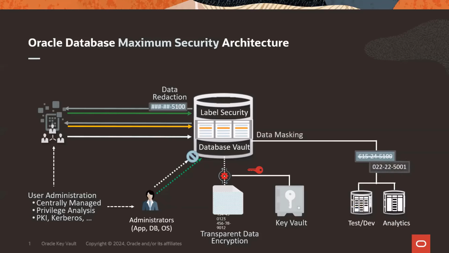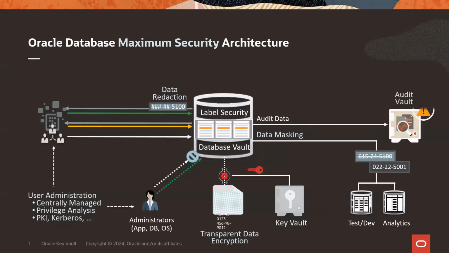And then we have data masking. This is used to get sensitive information out of your database when you clone or duplicate your databases to test and dev environments. And then we have Audit Vault, which is a data warehouse for audit records. You can slice and dice like you do with every other data warehouse, but it's about your audit records of your enterprise.